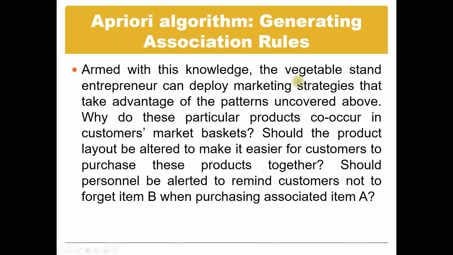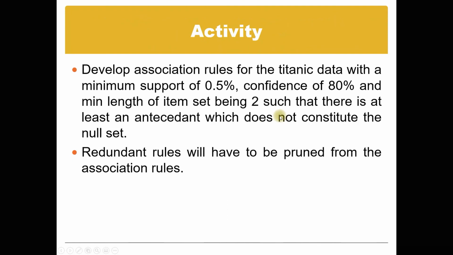What I'm going to do is send you a list of some R codes to be able to apply the association rule on a data set. What data set? The Titanic data set.